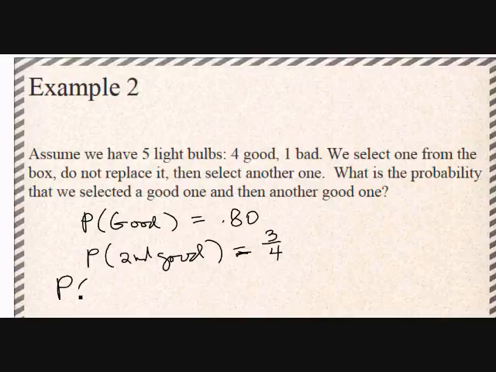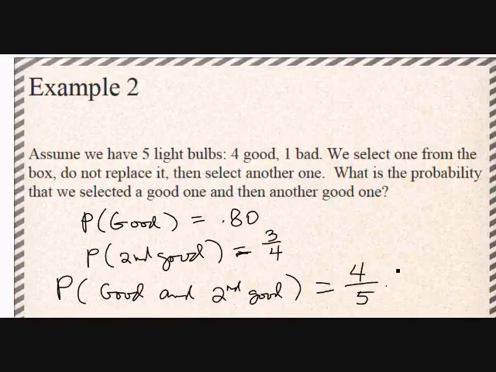So the probability that my first bulb is good and my second bulb is good is, there are 4 out of 5 good ones in the box. Take one out, put it in the light socket.